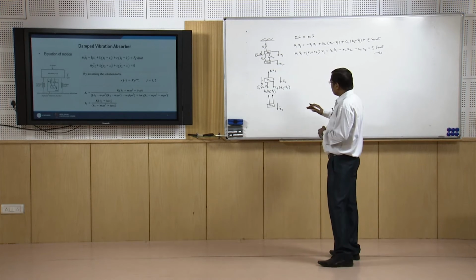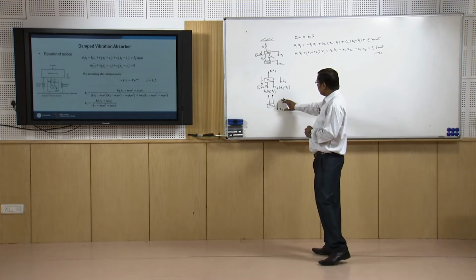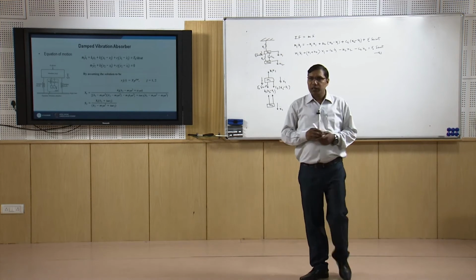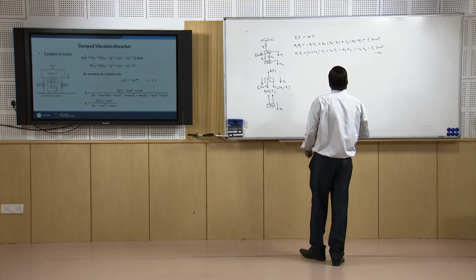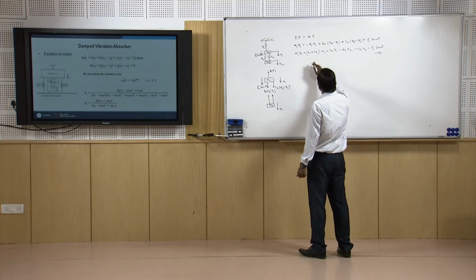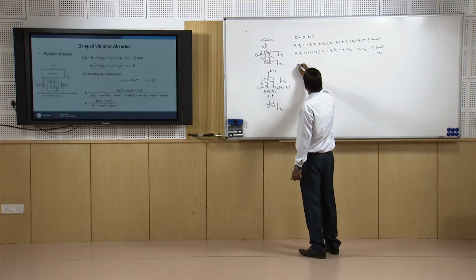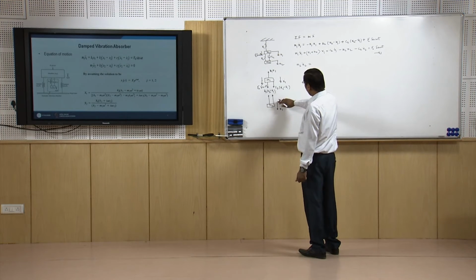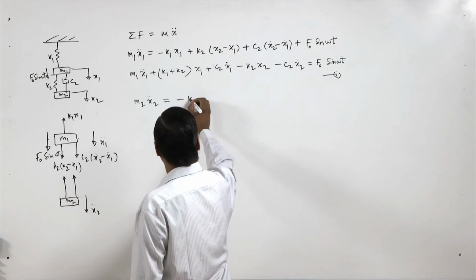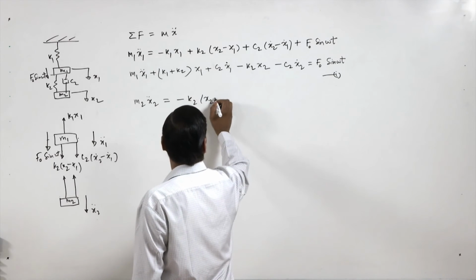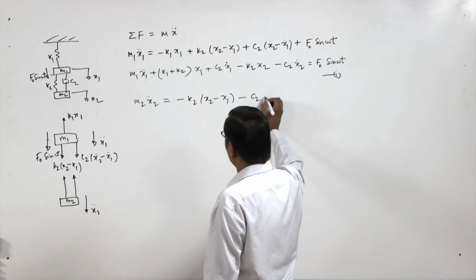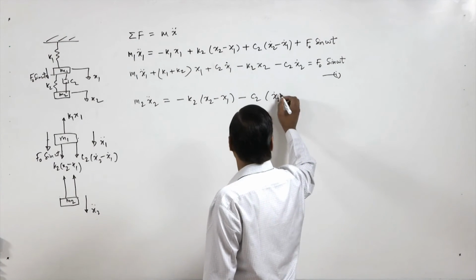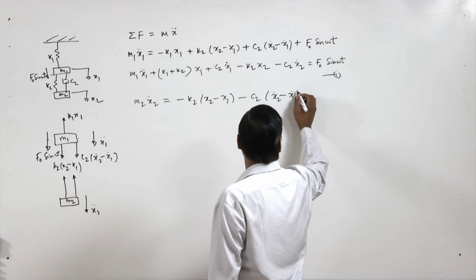Now the second mass m2, that is the absorber mass, we can write the equation of motion. So for this we have m2 x2 double dot equal to, the forces they are opposite, so minus k2 (x2 minus x1) minus c2 (x2 dot minus x1 dot).